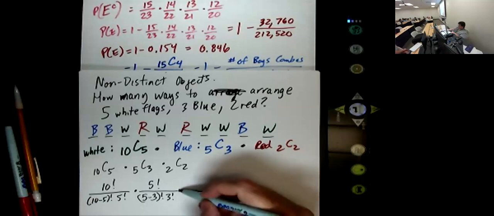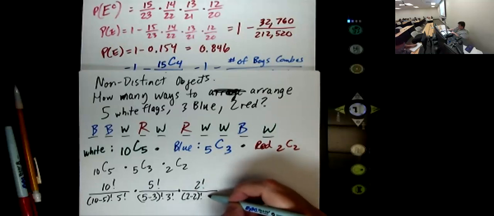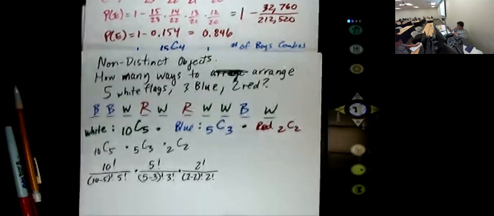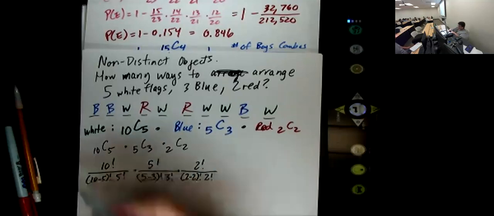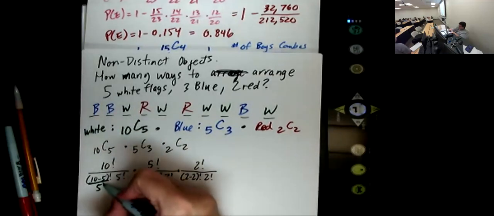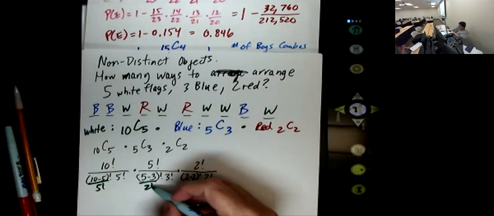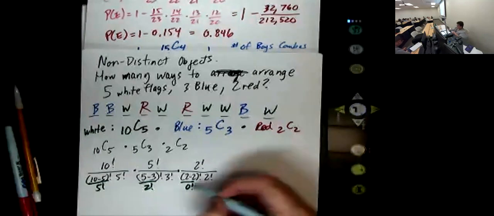And then I have 2 factorial over 2 minus 2 factorial times 2 factorial. So this is a 5 factorial right here. That's a 2 factorial right there. And that's a 0 factorial there.